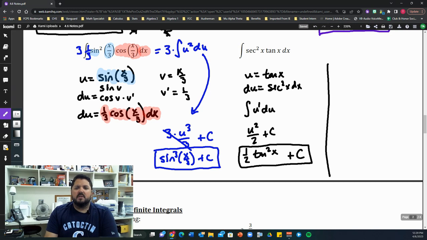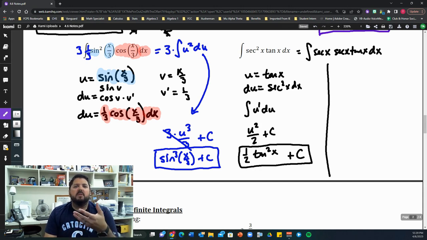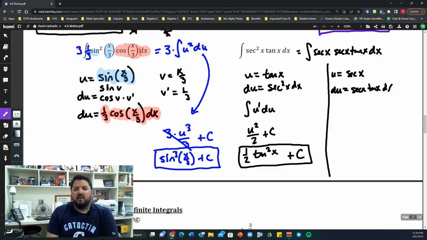Another way to do this is to rewrite the original piece as secant x times secant x tangent x dx. It's not that this would be necessary, it's just another approach. If I chose to do it that way, then I could let u be secant of x, and its derivative du would be secant x tangent x, which I have.